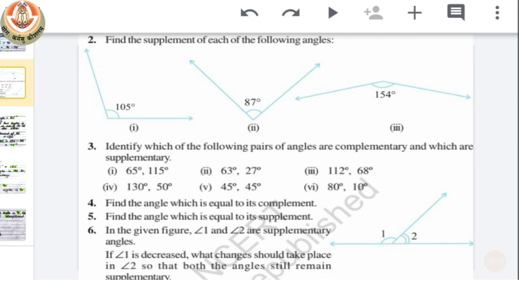Now the next question is, in the given figure, angle 2 and angle 1 are supplementary angles, meaning when we add them, we get a sum of 180 degrees.